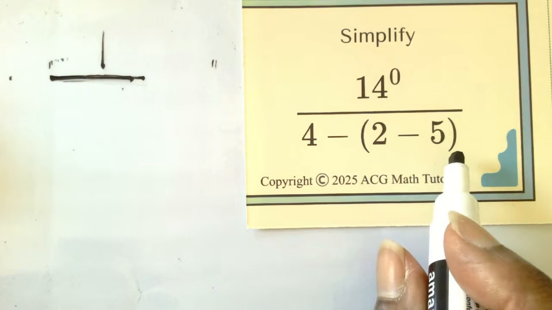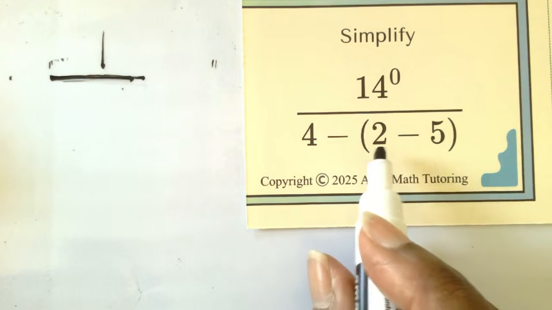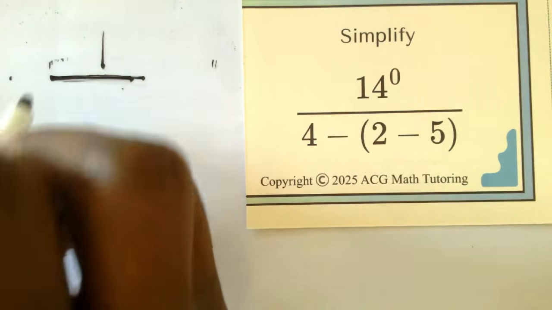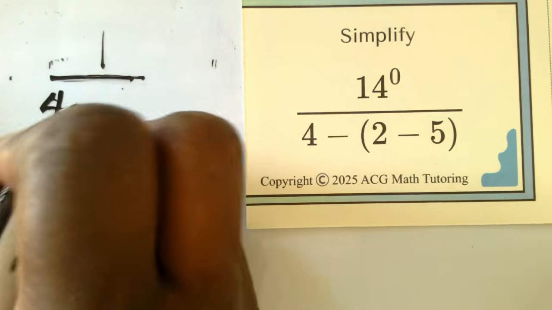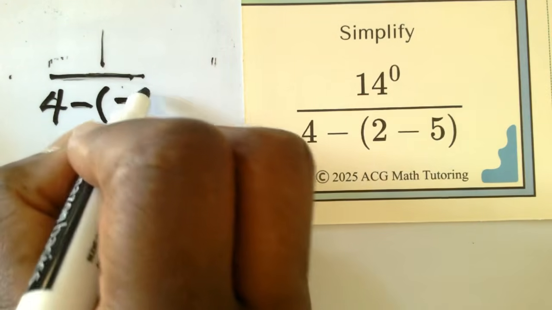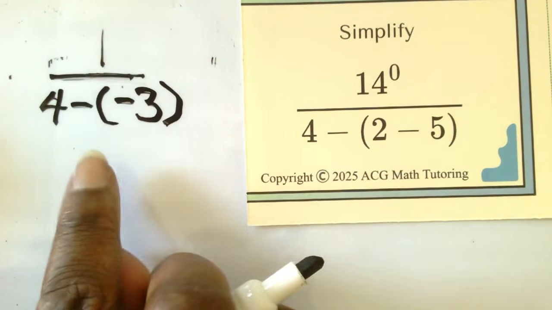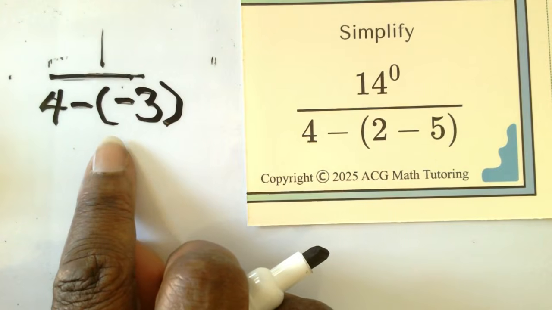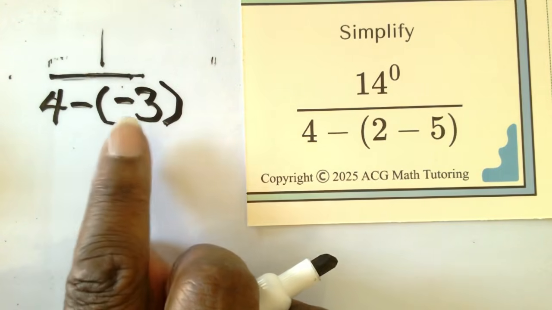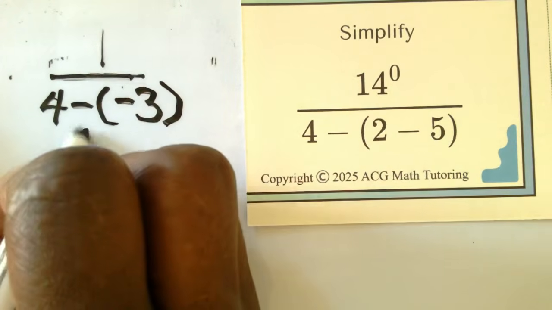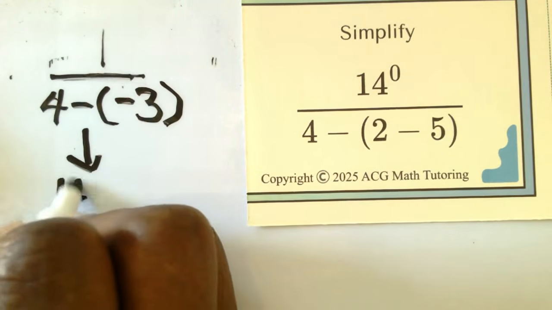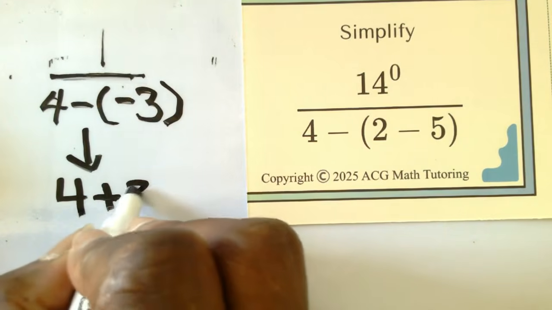Let's work what's inside the parenthesis. We have 2 minus 5, so that gives me a -3. So 4 minus a -3. This is another trap for a lot of people. When you minus a negative, this is what is actually happening. It turns to a positive.